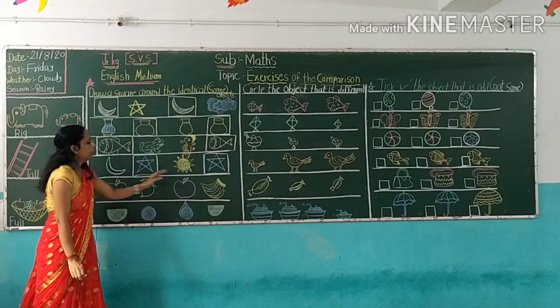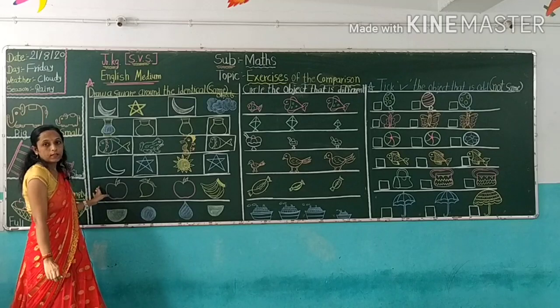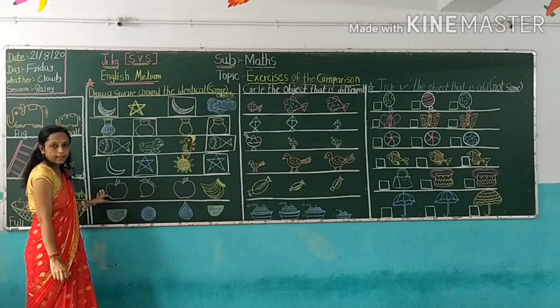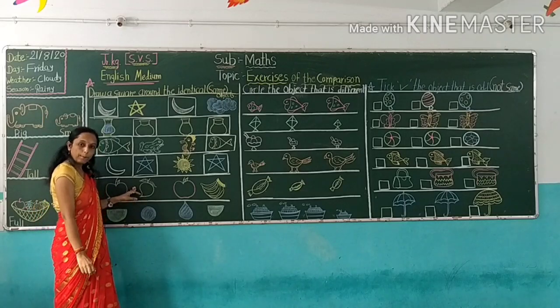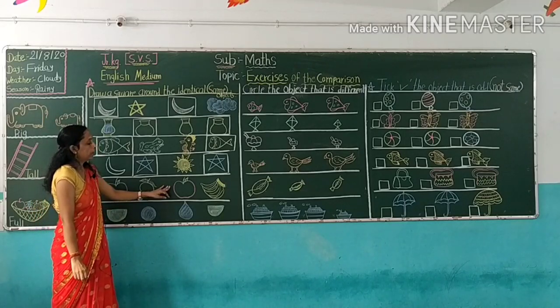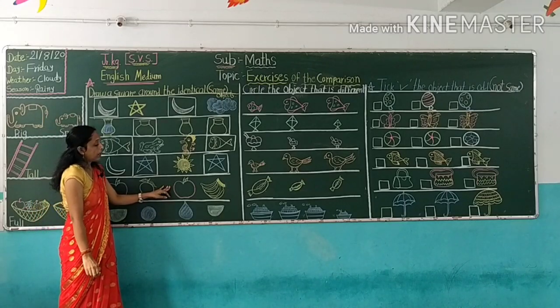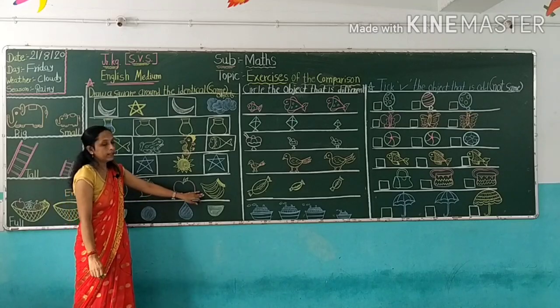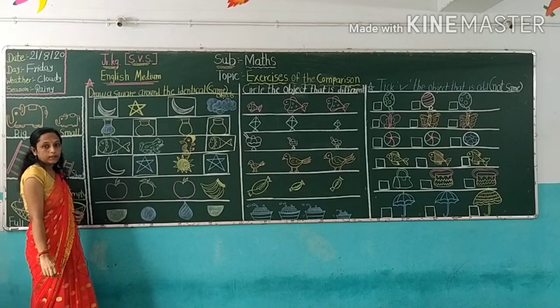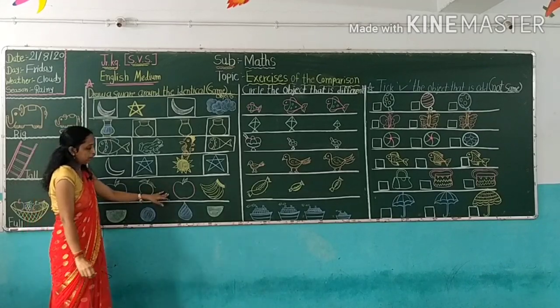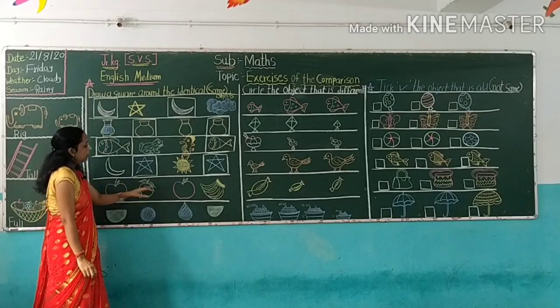And here I drawn some fruits. So which fruit is this? Apple. And what is this? Mango. And what is this? Apple. And what are these? Bananas. So which picture is same? Tell me. Apple? Yes, apple same.